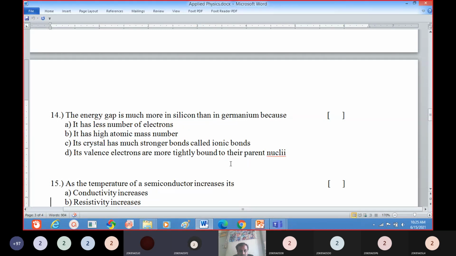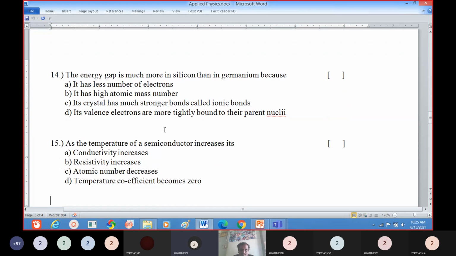Yes, that is the correct answer. If the valence electrons are tightly bound, then to remove those electrons we need high energy. That's why silicon has a larger energy band gap than germanium.